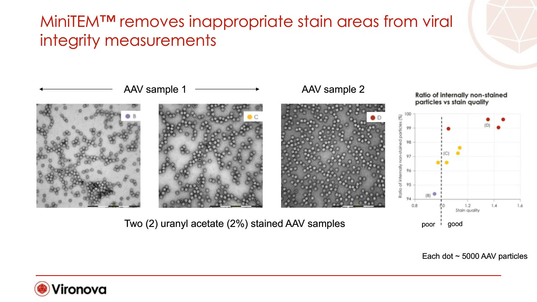So actually that is what we have on the x-axis here on the scatter plot to the right. This is inbuilt into the MiniTEM software, and you just get this data out per particle, and usually we do this as an assessment per waypoint to see whether a location on the grid is okay for analysis or not.